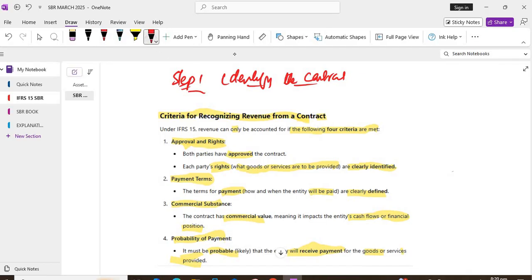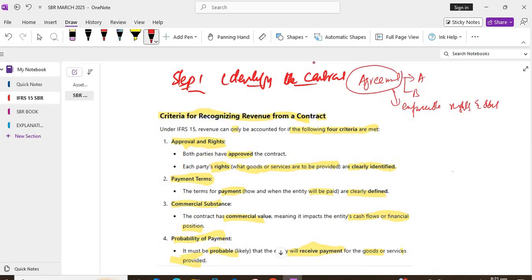A contract is basically an agreement between parties, let's say party A, party B, or multiple parties, and this agreement creates enforceable rights and obligations.